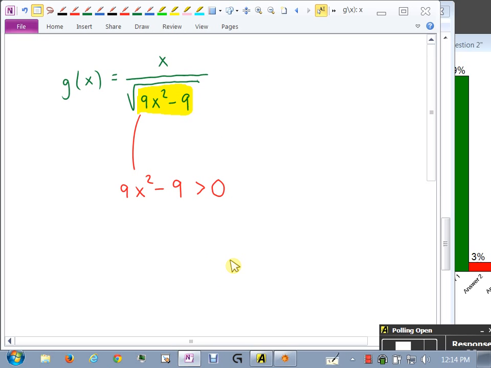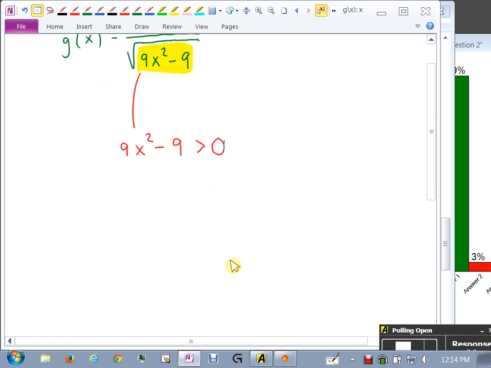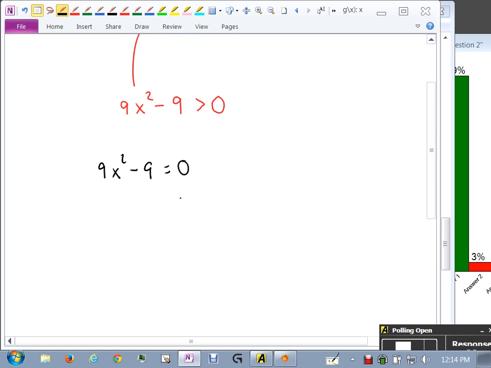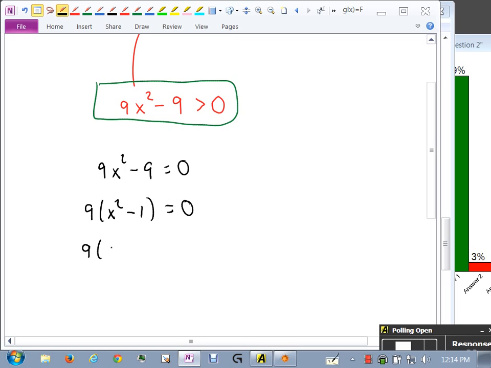Okay, well, that's a quadratic inequality. You could solve this. So set this first as an equation. And then how would you do this? Factor 9? All right, that's fine with me. Now what? Yeah, that's what I would do. 9 times x squared plus 1 times x squared minus 1 equals 0.